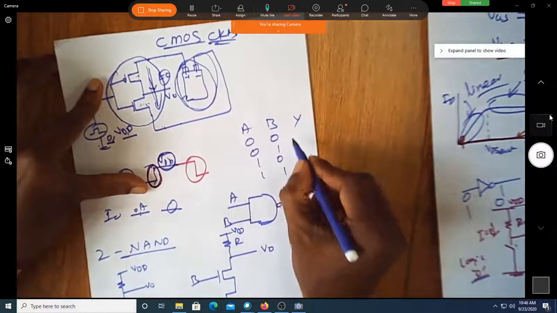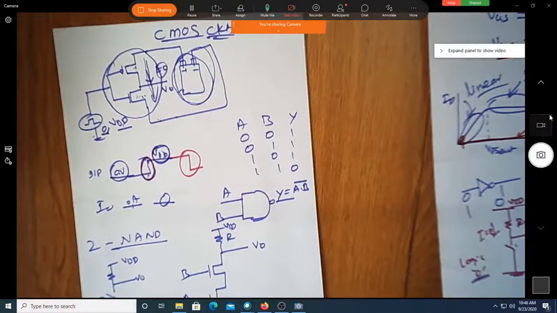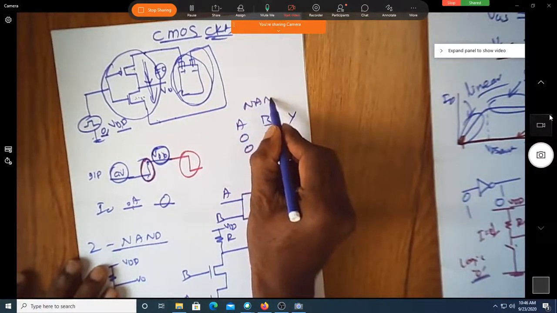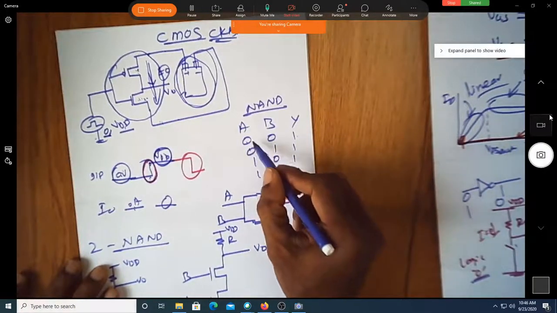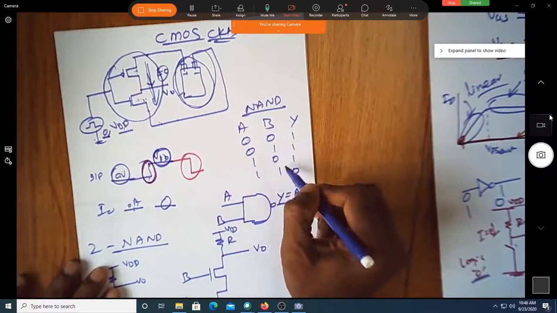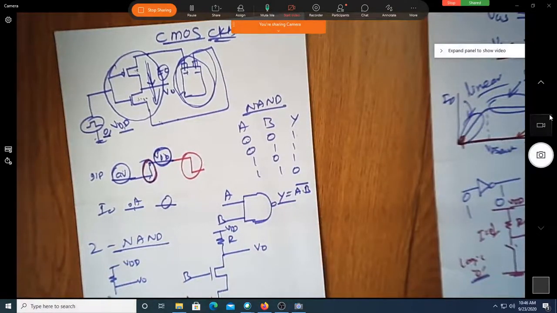Correct? This is 1, 1, 1, 0. That's how your NAND gate works. For a NAND gate, if any one of the inputs is 0, output is high. You can see both are 0, it is 1. This is 0, it is 1. This is 0, this is 1. The output goes to 0 when both the inputs are high. Correct?